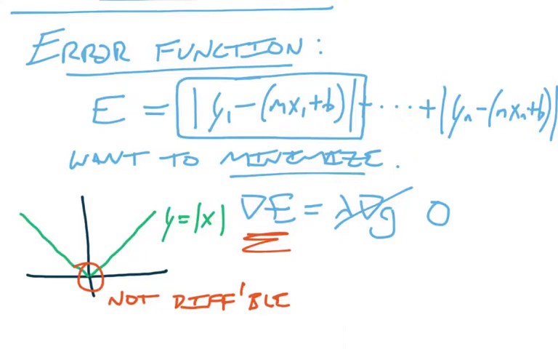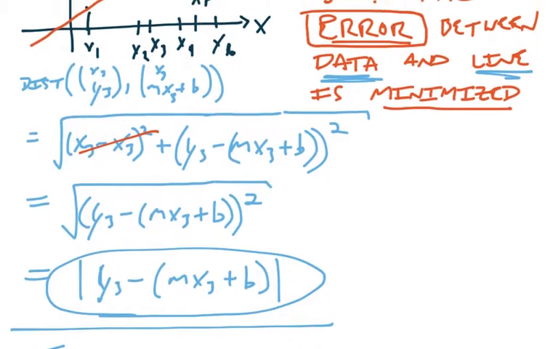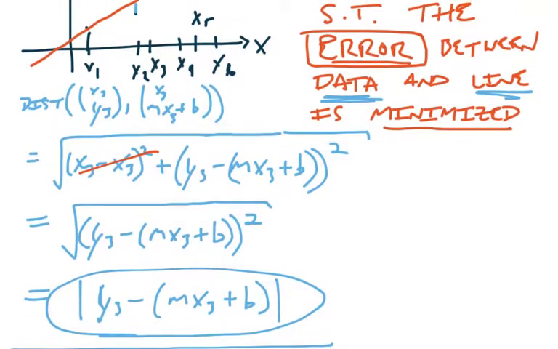So what we're going to do instead is take the exact same idea that we have here and adapt it a little bit. I'm just going to scroll back up to what we did here. And what we're going to do is just be a little bit clever, I guess. We're going to do the exact same thing I just said we're going to do up here, except instead of looking at the regular old distance from our data set to our line, we're instead going to look at it squared.